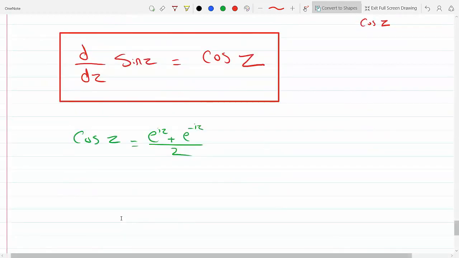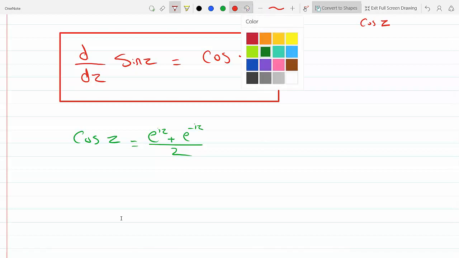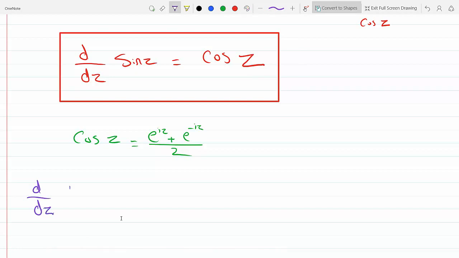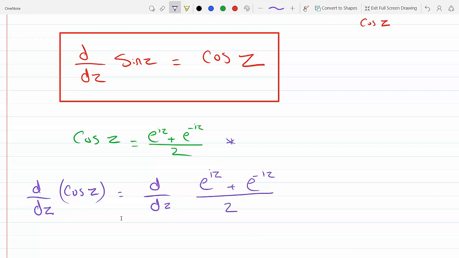So for the cosine, the same way. d over dz of cosine z equals d over dz of e to the iz plus e to the minus iz, so this is the definition of the cosine, over 2.